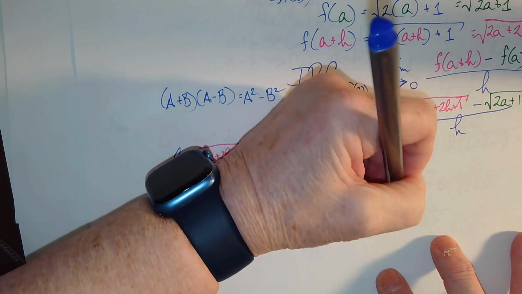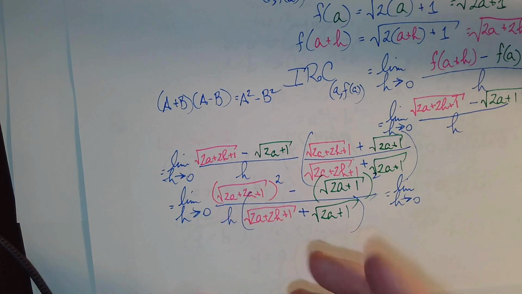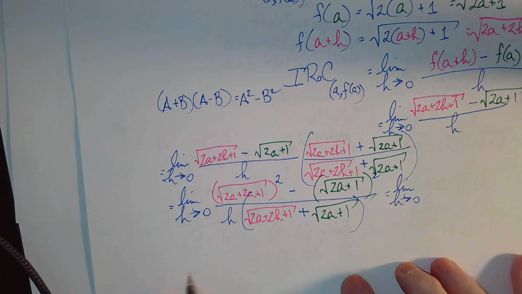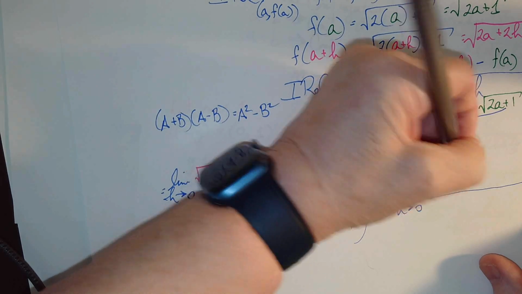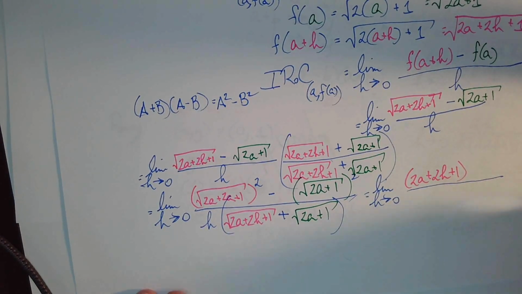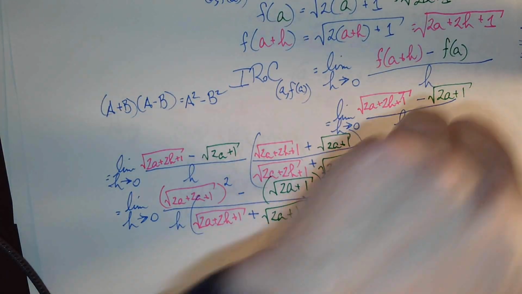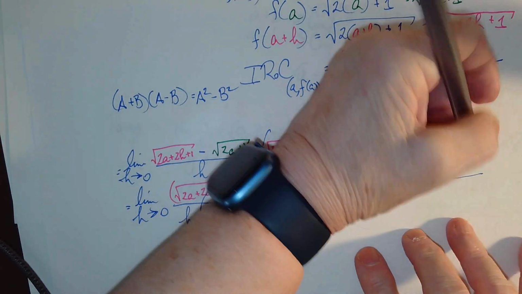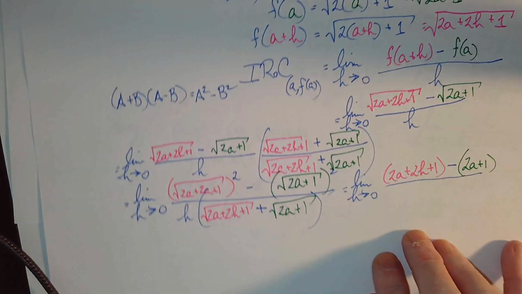We have the limit as h goes to 0. When we square a square root, we're just left with what's under the root. So we have 2a plus 2h plus 1 minus, and the same with the second term, we have 2a plus 1.